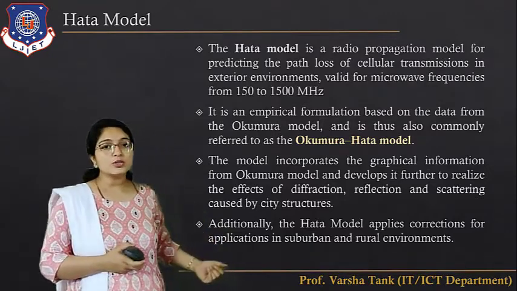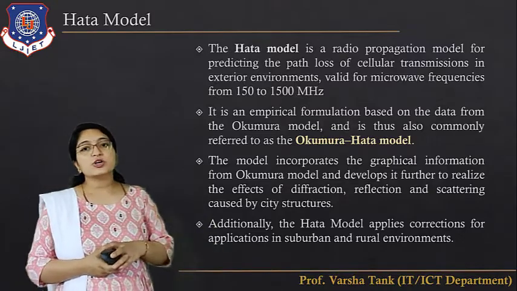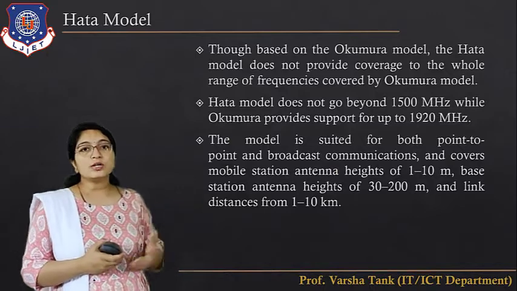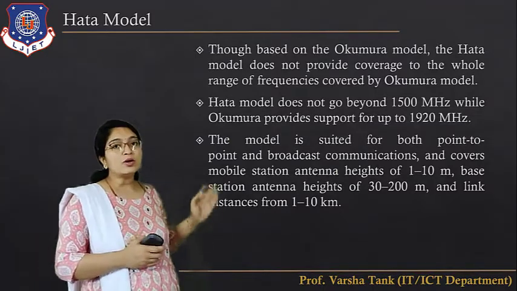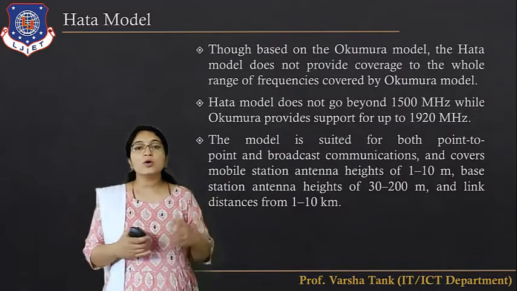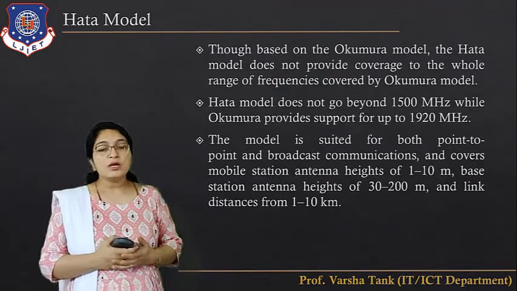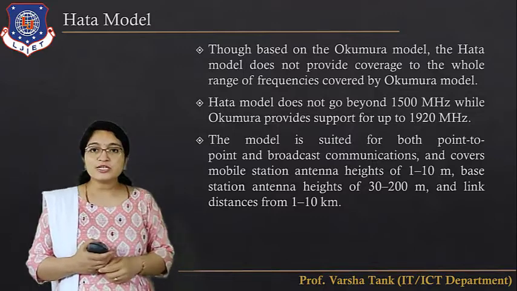So why is the Hata model used? It applies corrections for the application. Based on the Okumura model, the Hata model does not provide coverage for the whole range of frequencies covered by the Okumura model. So here the frequency limitation is there.